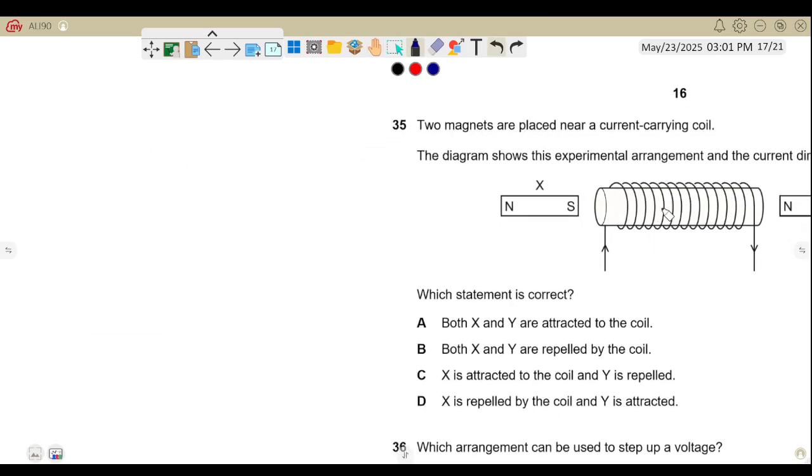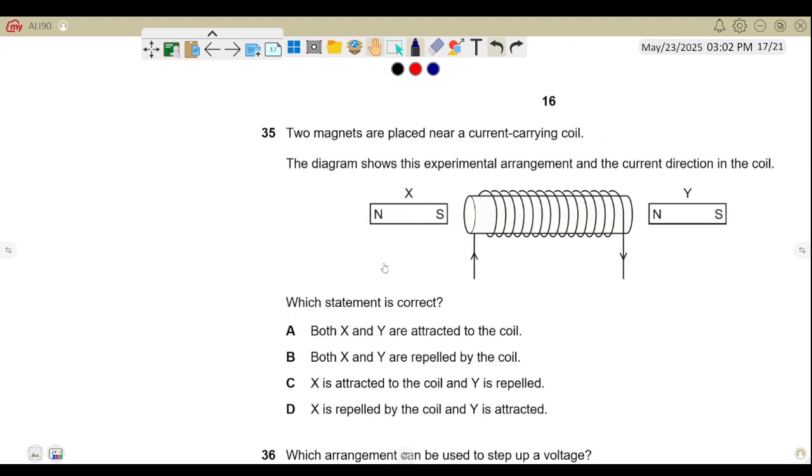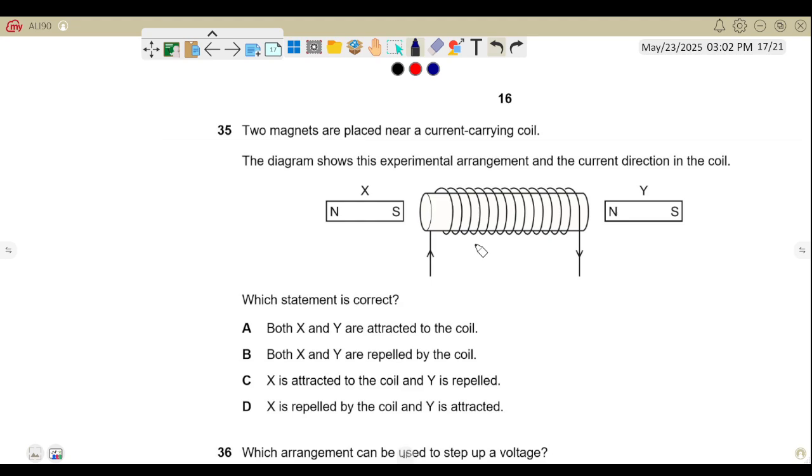This coil is carrying a current, and there is a soft iron inside of it, which means it's going to act like a magnet. It's actually what we call an electromagnet. And since the direction of this current is like this, we can use the right hand rule to know the direction of the magnetic field created by this coil.